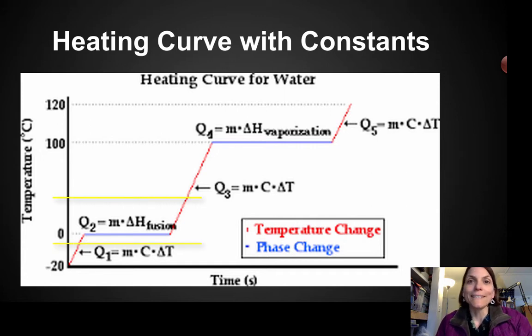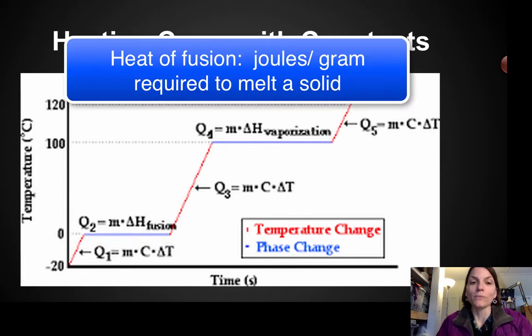There's no delta T in that equation because the temperature is not changing at the phase change. So in order to figure out the energy required to melt an ice cube, you need the mass of the ice cube and you need a constant called the heat of fusion, which is represented with delta H fusion here in this graph. So the heat of fusion tells you the joules per gram required to melt ice.